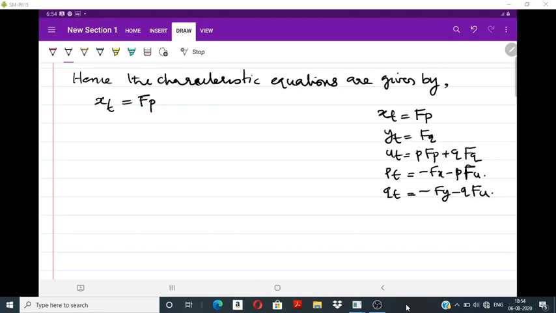These are the 5 characteristic equations. So here we have to calculate f p, f q, and like that.